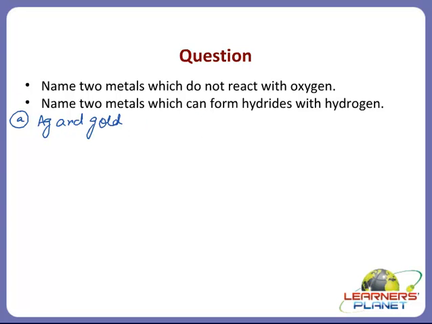Now children, we know that in hydrides, what is the state of hydrogen? The state of hydrogen there is H minus. That is, H is present in an anionic form. So when hydrogen is present in an anionic form, it means it has to accept electrons.